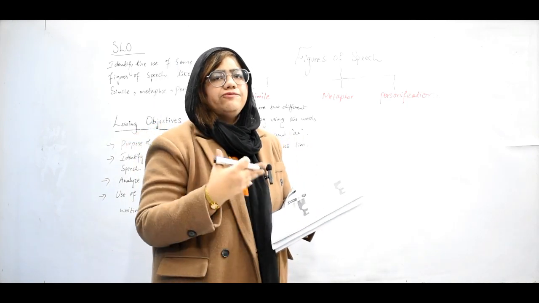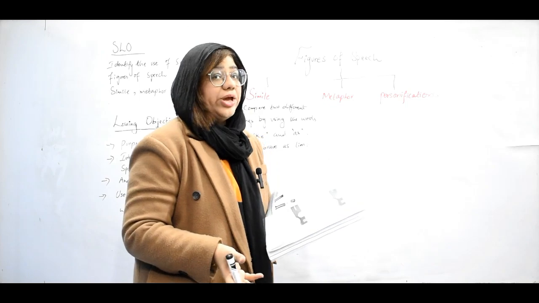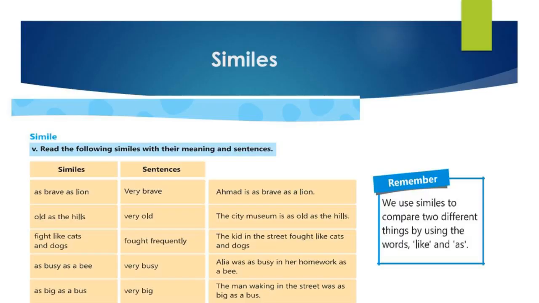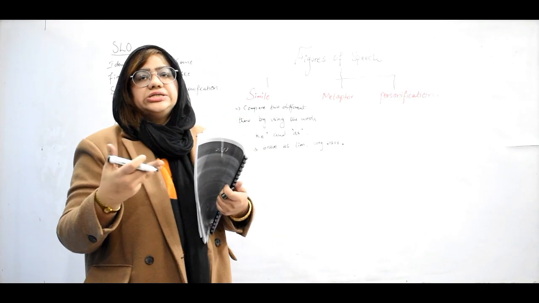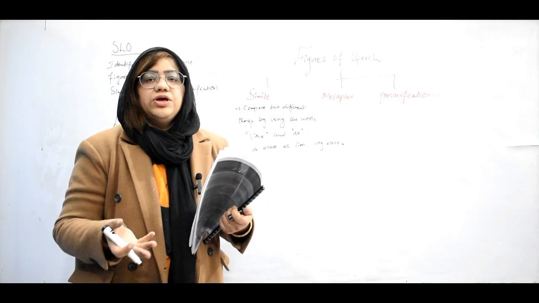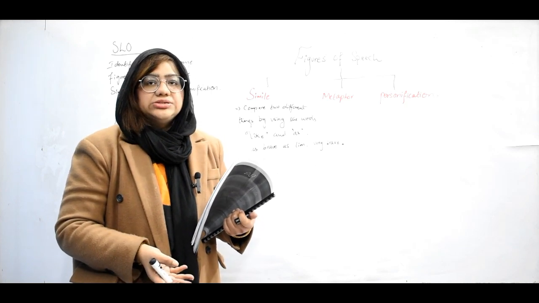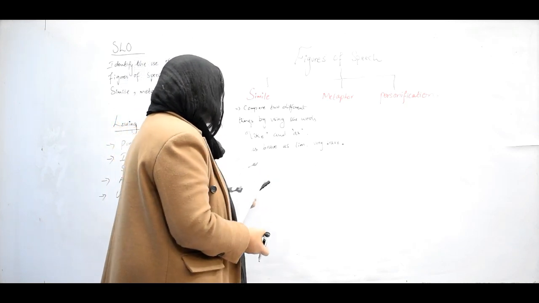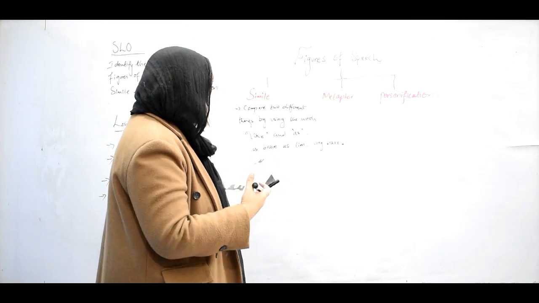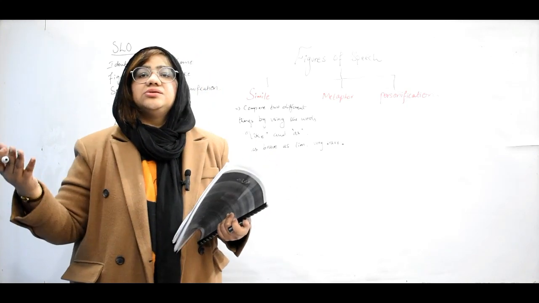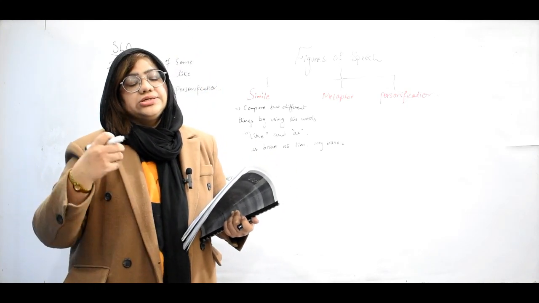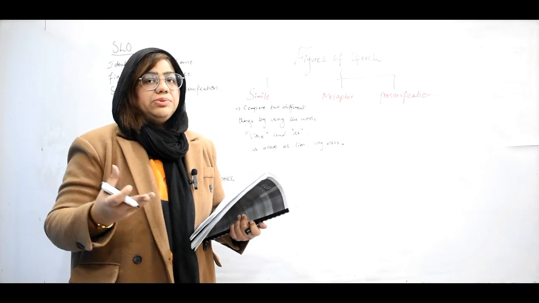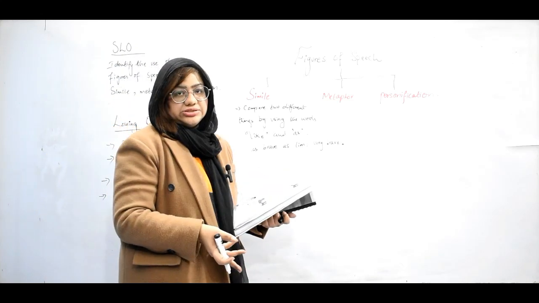As brave as a lion means very brave. Now, students, how can we use this simile in a sentence? Ahmed is as brave as a lion. This is a complete simile used in a sentence.